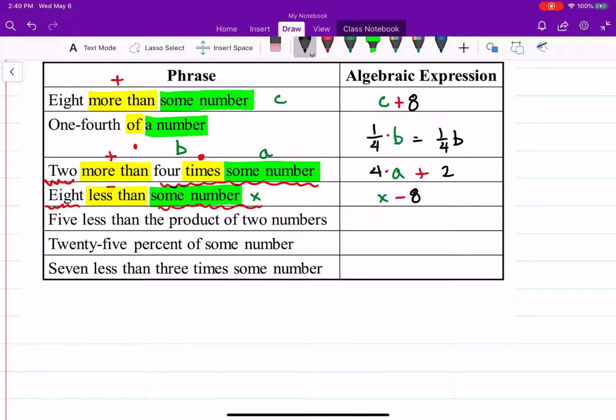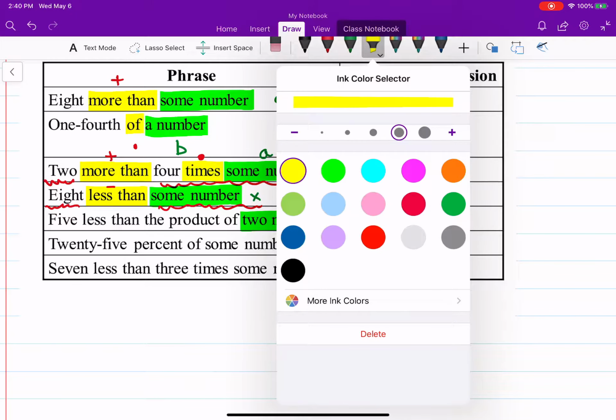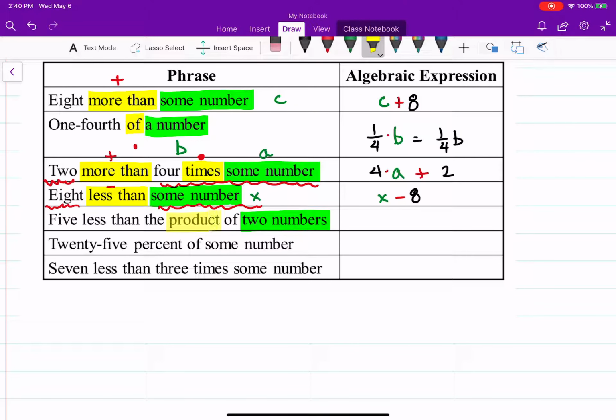5 less than the product of 2 numbers. Okay, so I have 2 numbers. And then again, I have 2 operations here, product and less than. Less than means to subtract, but I have to switch the first and the last. And product means to multiply. So again, I would cover up the 5 less than first and say, okay, I need to find the product of 2 numbers.